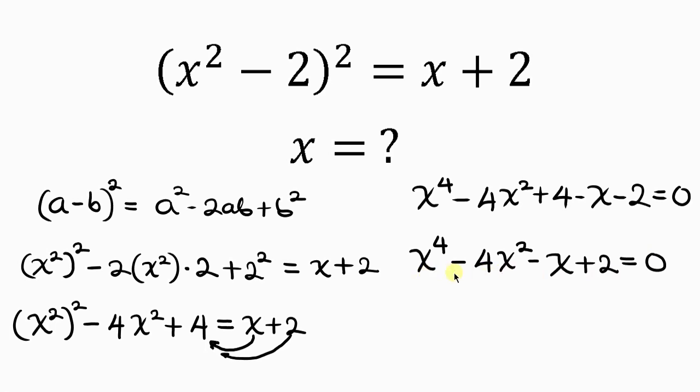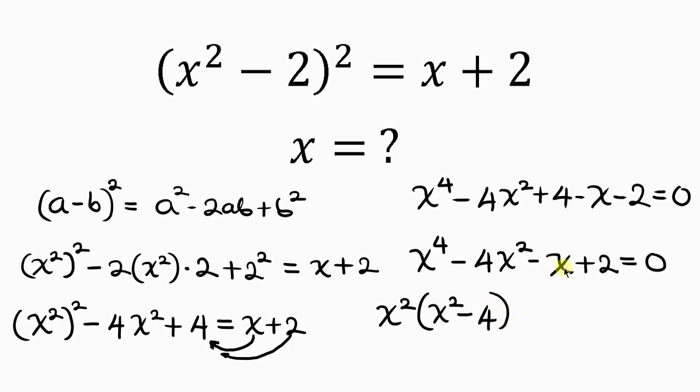Starting with these two terms, you notice that x squared is common. So we factor out x squared, open brackets. Now x to the 4th divided by x squared, we have x squared, minus 4x squared divided by x squared, we have 4, and then close brackets.